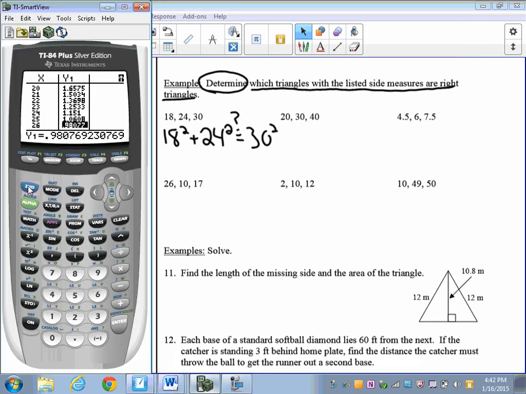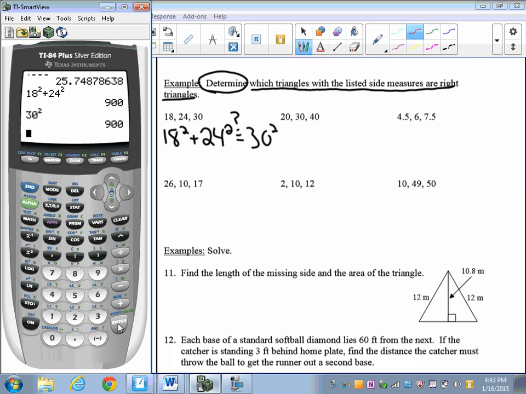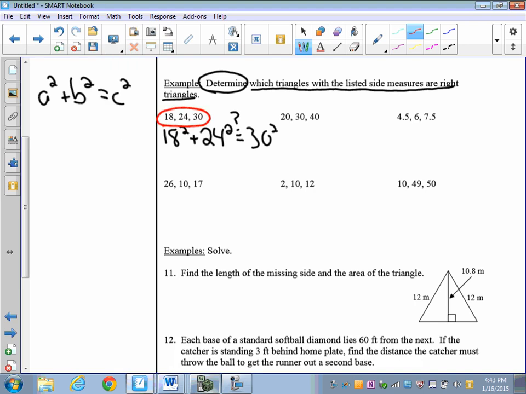This is a very simple problem in the calculator. 18 squared plus 24 squared equals 900, and 30 squared is 900. So this is a right triangle. It's also a Pythagorean triple. We have 3 whole numbers.